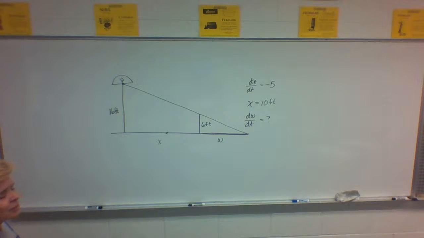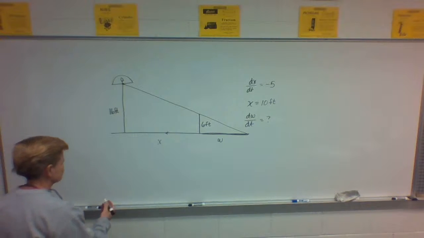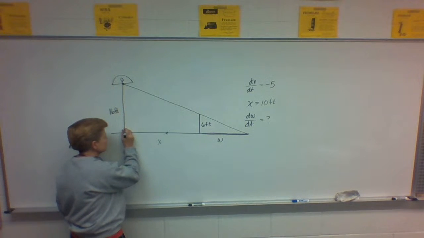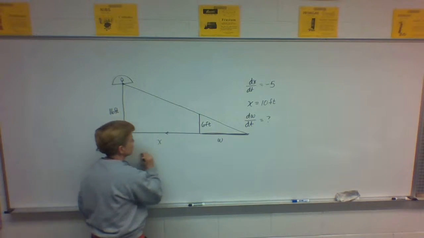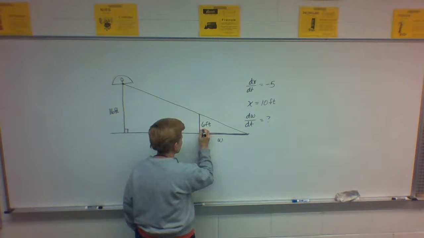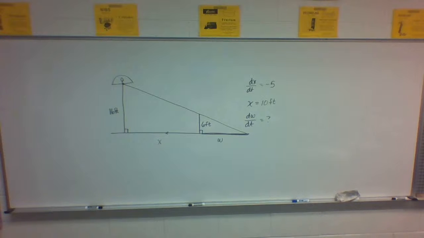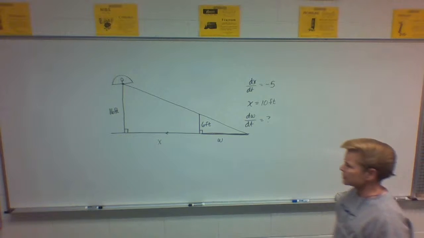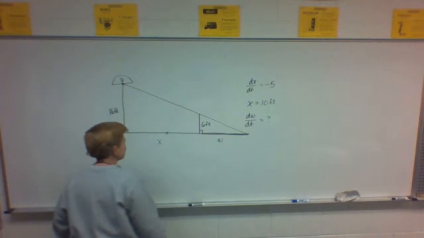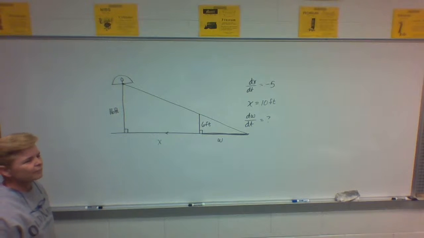What math ties them together? Here's an assumption. People don't generally walk slanted. We're assuming he's perpendicular. Does that help at all? What have we got that ties all these things together?